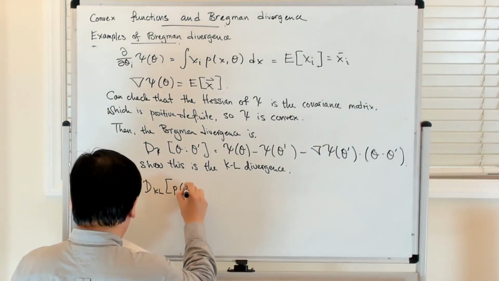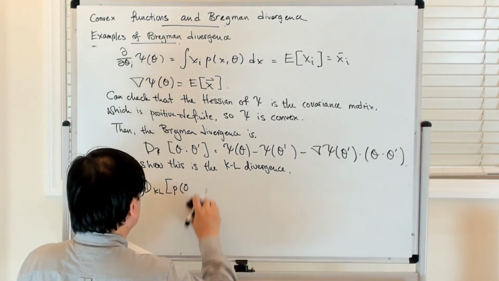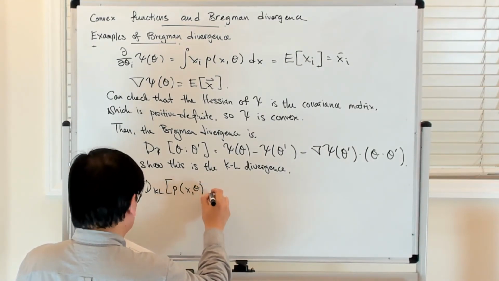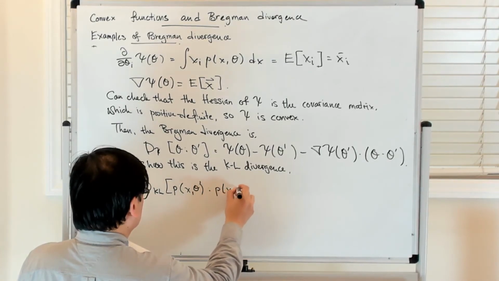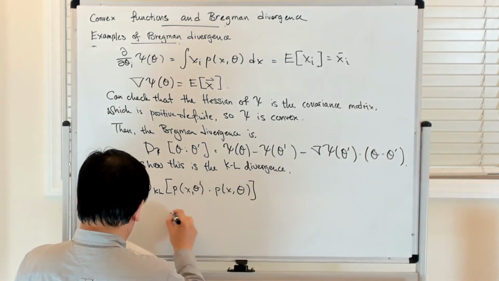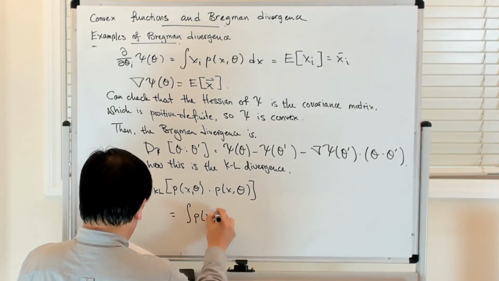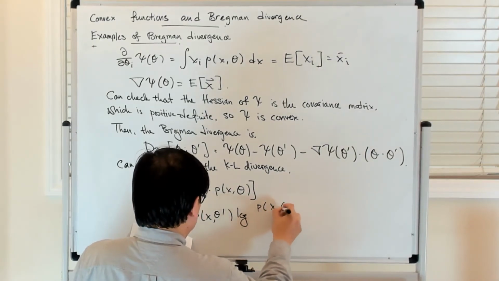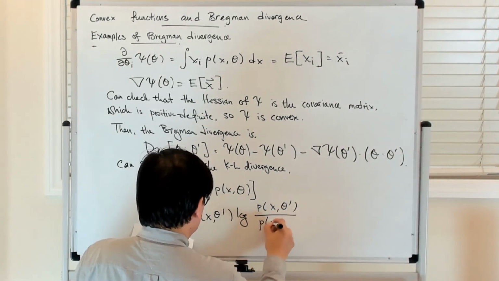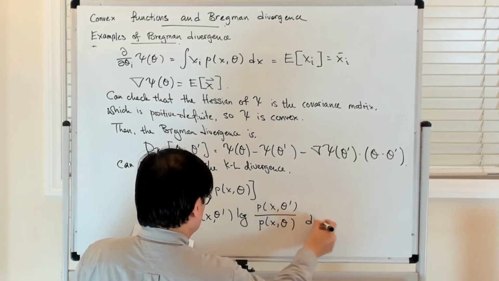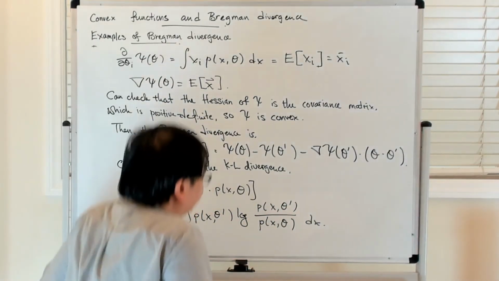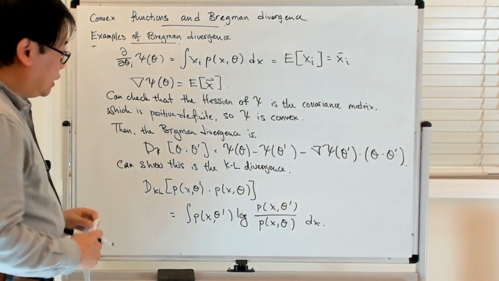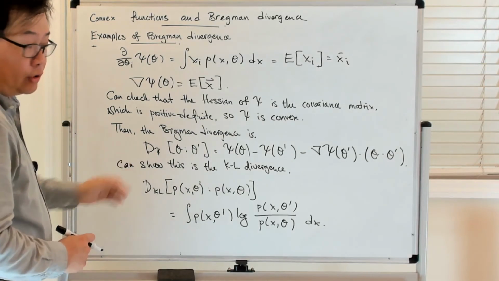Okay, between two probability distributions. It requires a little bit of careful calculation, but the bottom line again is that this recovers the KL divergence for the exponential family.